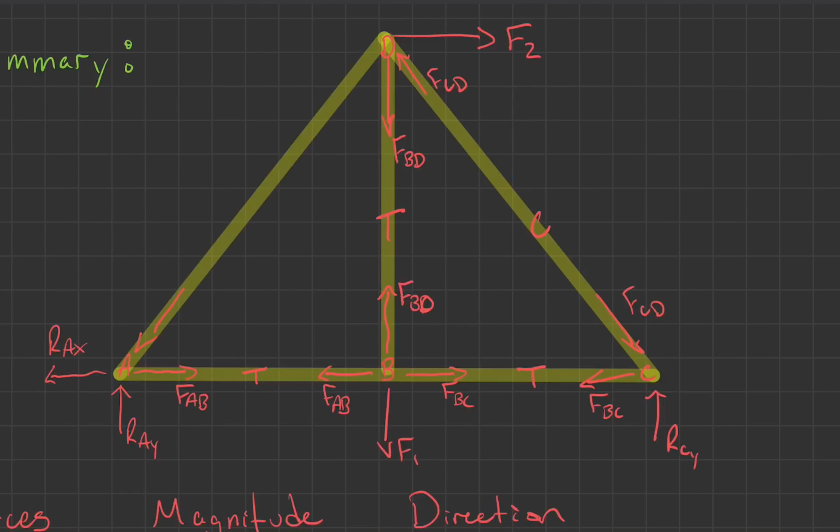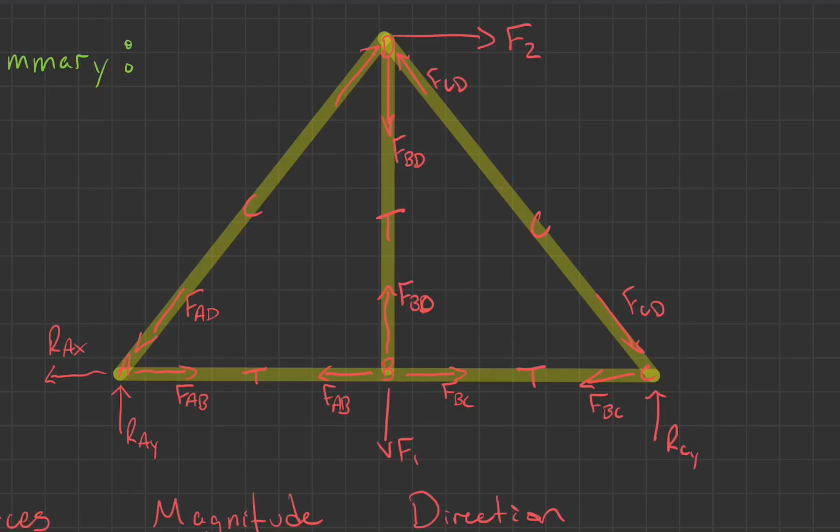Force AD goes this way, which means this member is also in compression, which means this guy goes this way. Okay, so that's all of our stuff. Looks like members AD and CD are in compression, and the rest of our members are in tension. So if you put those certain forces on there, we know which members are in tension and which are in compression, which is very helpful to us as engineers.